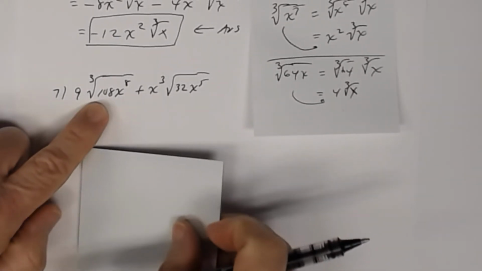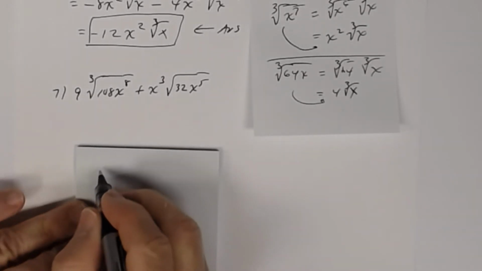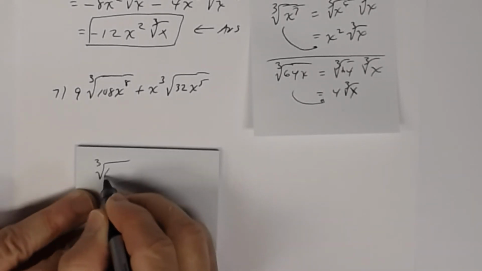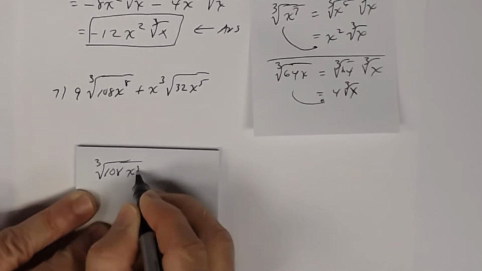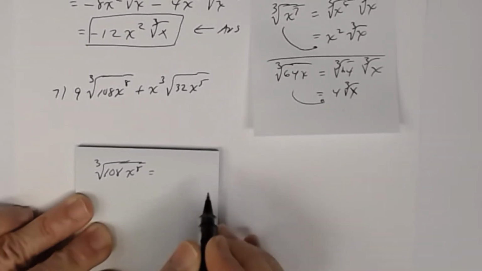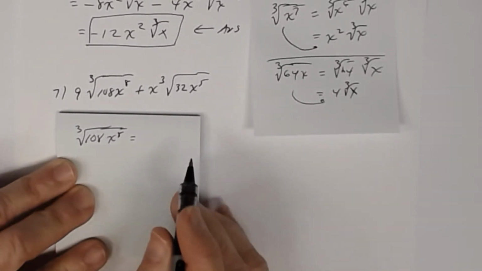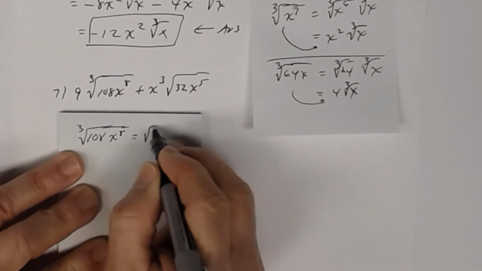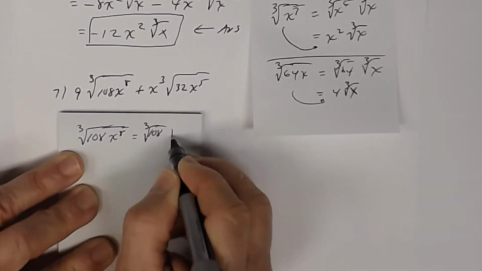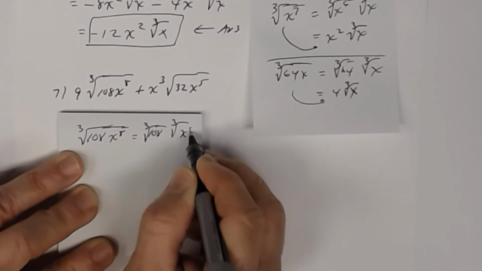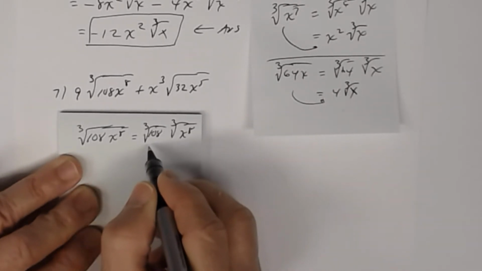So let's talk about the cube root of 108x to the 8th. According to our product rule for radicals, I can write this as the cube root of 108 times the cube root of x to the 8th. Now let's talk about the cube root of 108.